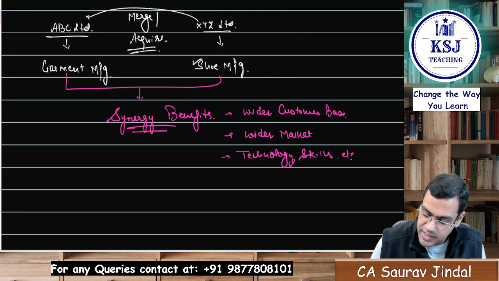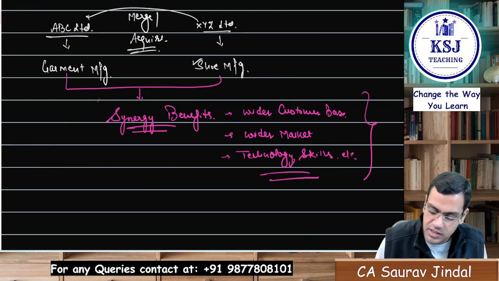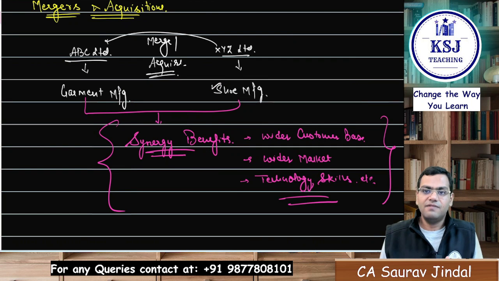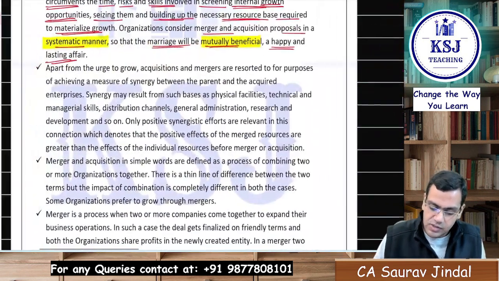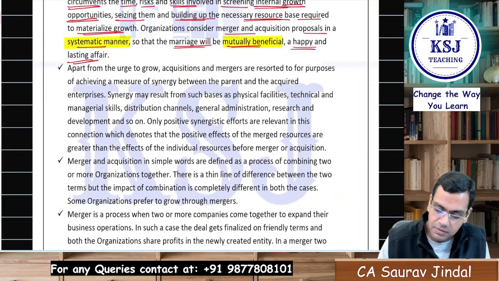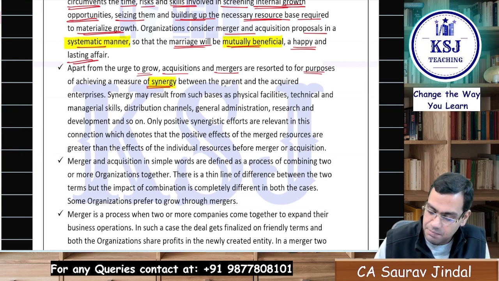Technology, skills, etc. So that is why they are going for a merger, so that both of these get benefited, and if they combine together, they can generate some additional benefits, right? So that is what is there, that apart from the urge to grow, the acquisitions and mergers are resorted to for the purpose of achieving a measure of synergy, right? A measure of synergy between the parent and the acquired enterprises.